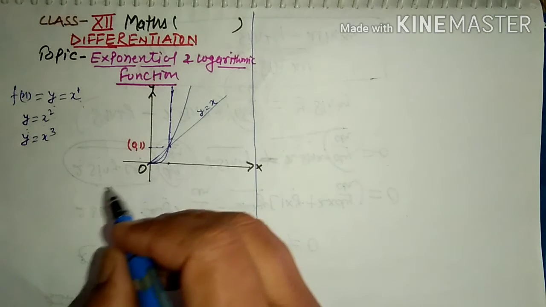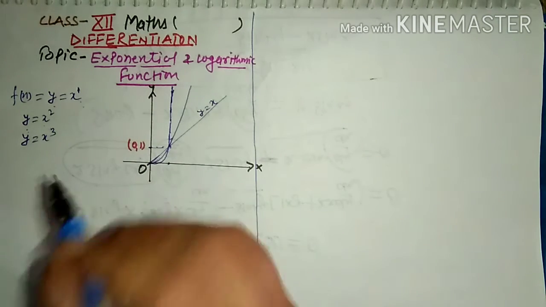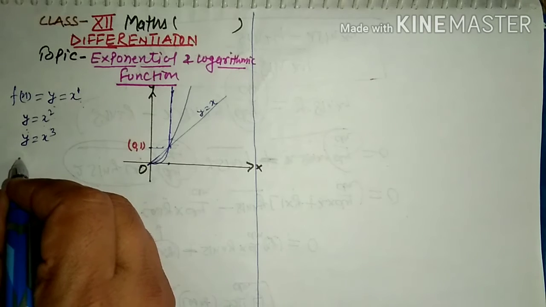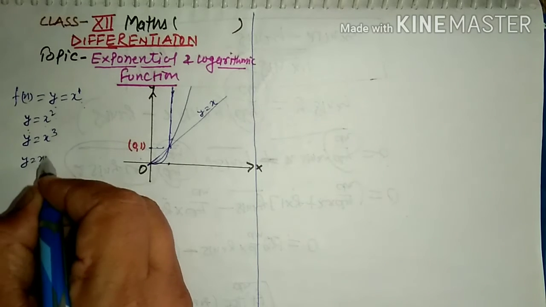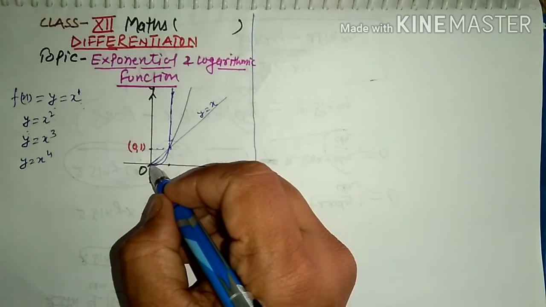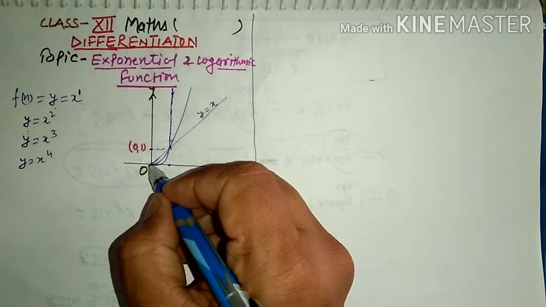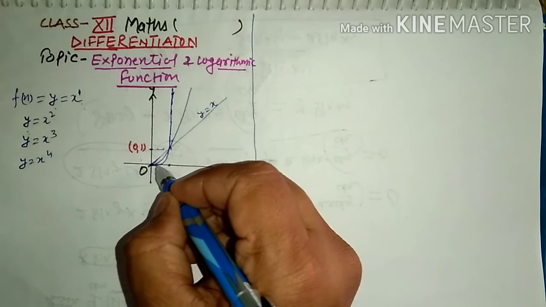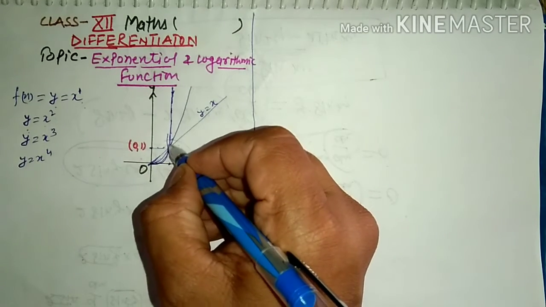Similarly I will take y is equal to x to the power 4, so you will see it is more steeper toward the y.